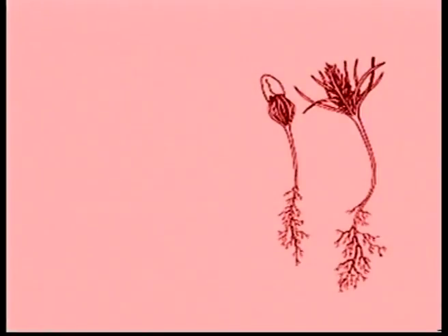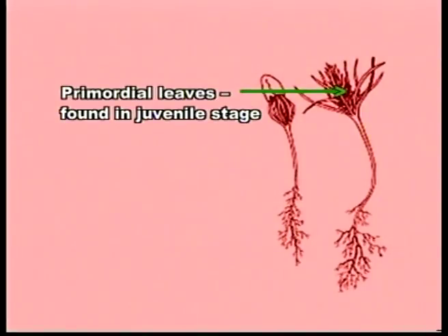Pinus leaves. It has juvenile leaves or primordial leaves which are found only in its young stage. Otherwise, we can say that there is dimorphism found in the leaves of Pinus. That means it has 2 types of leaves.